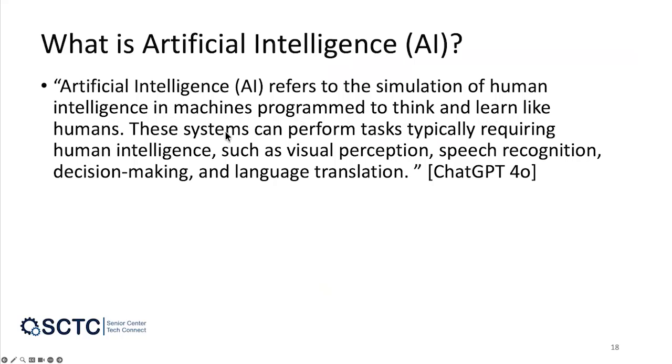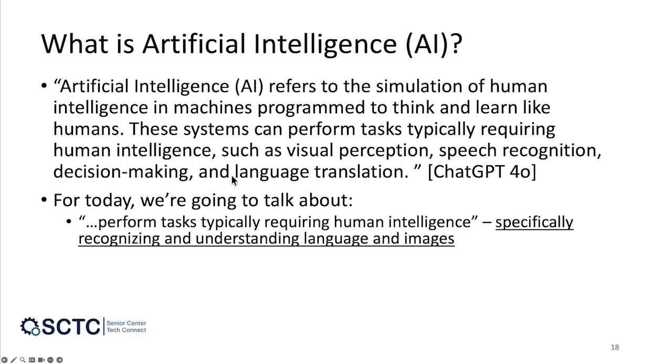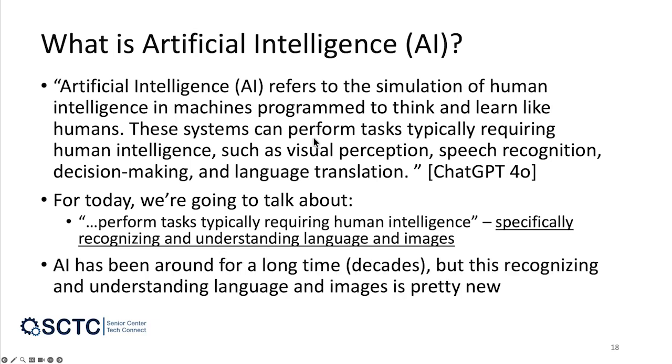It's pretty new that this has taken place like this, but it's absolutely amazing. For those of you that maybe have used a chatbot, you know what I'm talking about. In this particular context, we're talking about recognizing and understanding language and images. So that's really what the AI is useful for in the Photos app.